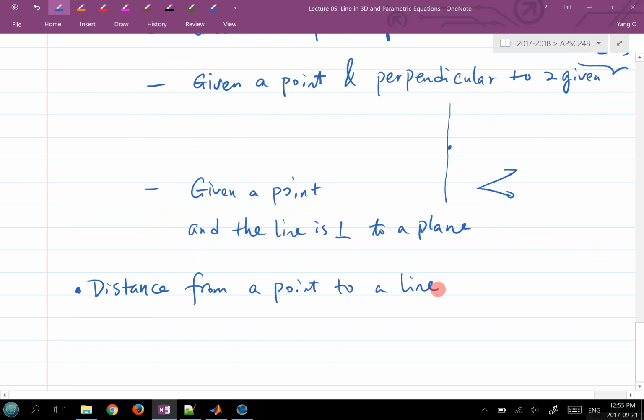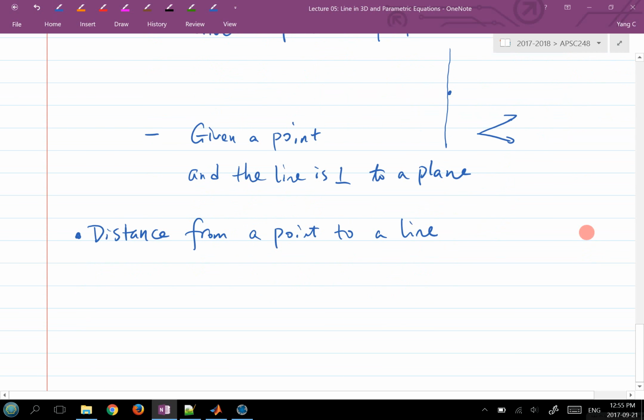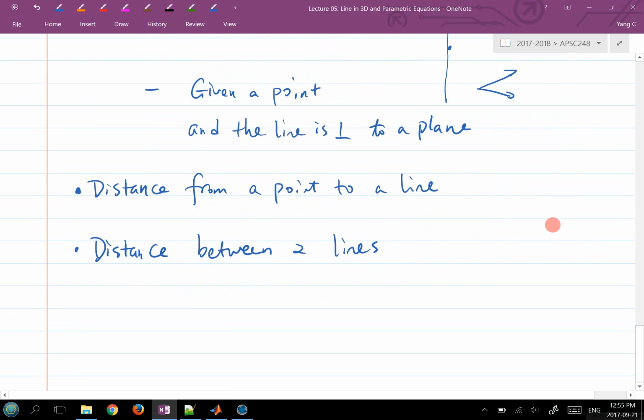That's also a very common question, and we actually went over one typical question with a variety of different solutions. Another one could be to find the distance between two lines.